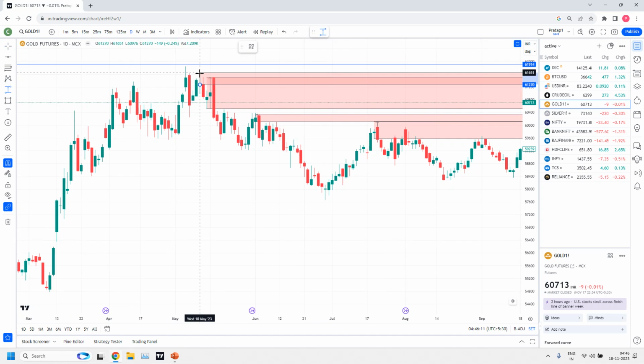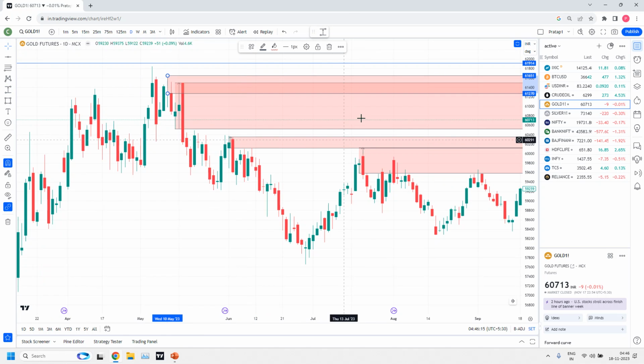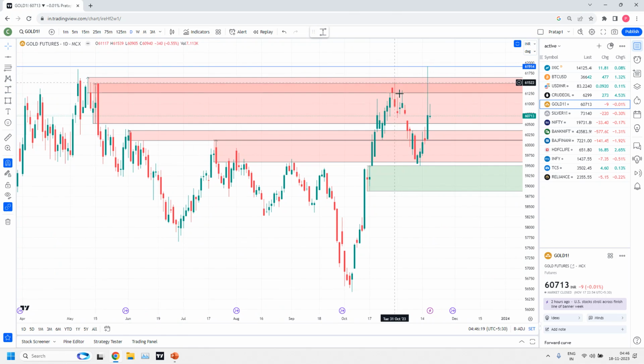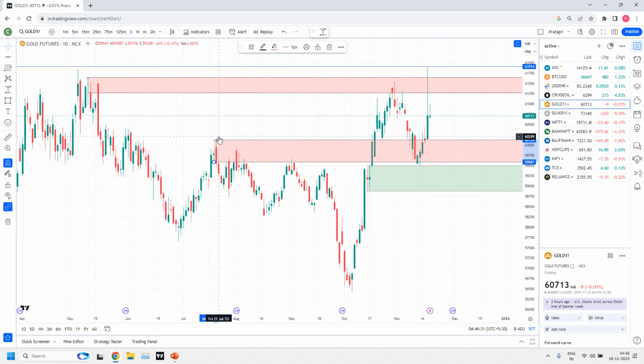Maybe here also we have drop, base, drop. See, all these zones are violated by the time it enters this. This was the last zone it violated. Let us keep that.